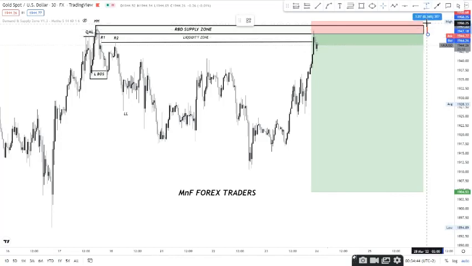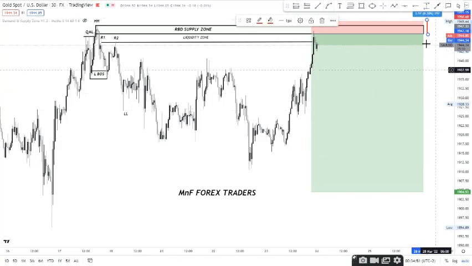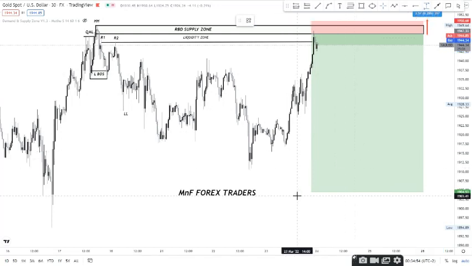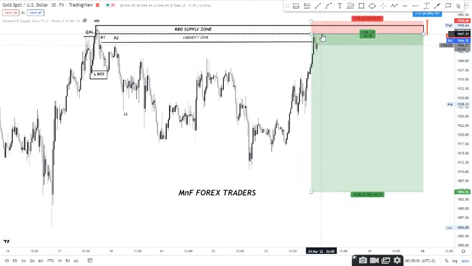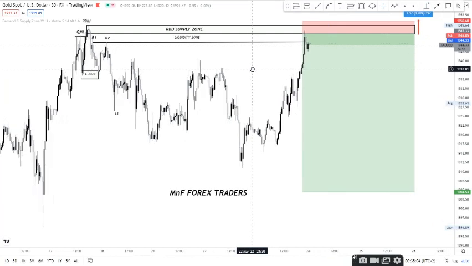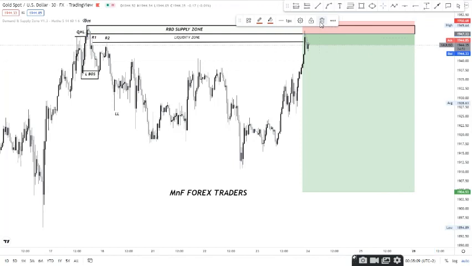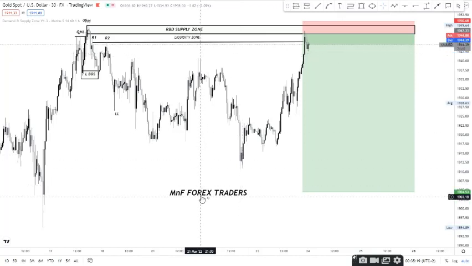So the risk is about 4 pips, and our target is about 43 pips, and that's a 1 to 12 risk to reward ratio, 1 to 12 R. That's massive, guys. Because of the smaller stop loss, you're going to use a bigger lot size, of course risking the same amount, and it can be a very beautiful trade.